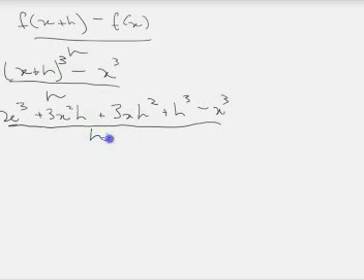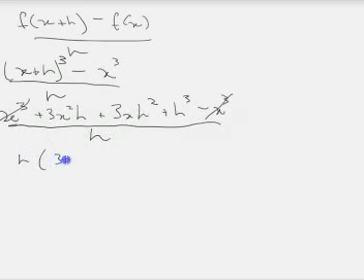So remember, our goal here is to get rid of that h in the denominator, because when we plug 0 in for that, we get an undefined function. And so we see that these x cubes cancel out, and we can take some stuff out.